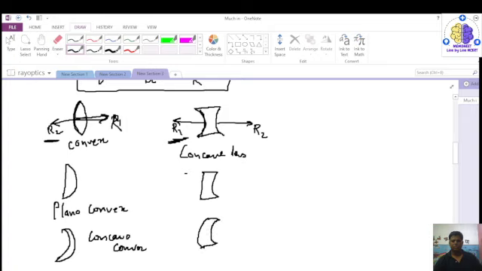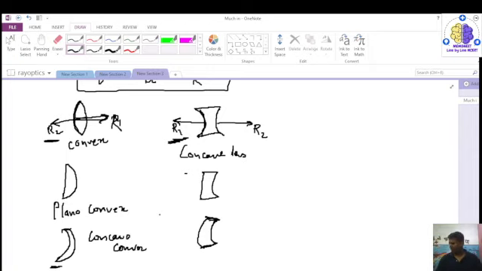So if you see the difference, for a concavo-convex, the edges are pointed, sharp, but for convexo-concave, the edges are blunt over here. They are not narrow as it is in concavo-convex. So this is the difference. So these are the types of lenses you may come across.